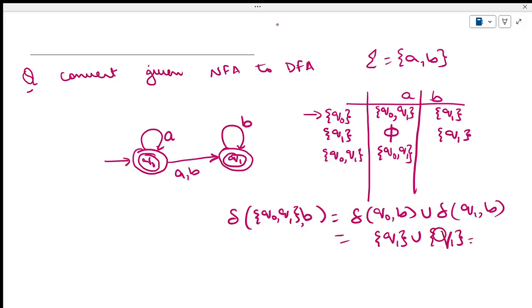I get Q1 here. So we do not get any new state here. We'll just explore phi. Phi on reading A is giving us phi, and on reading B also phi. Now I'll make the diagram for the DFA.